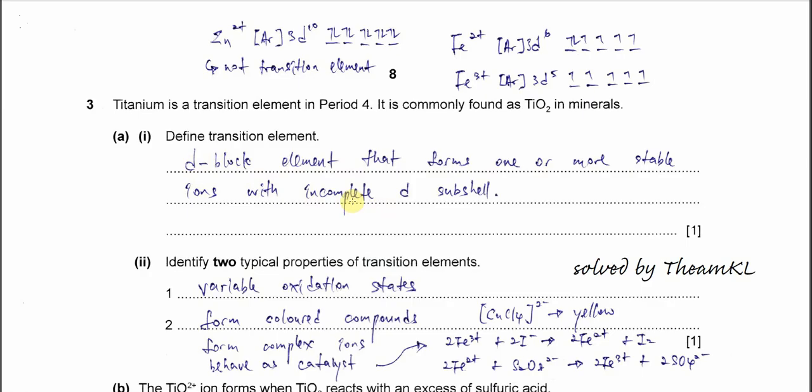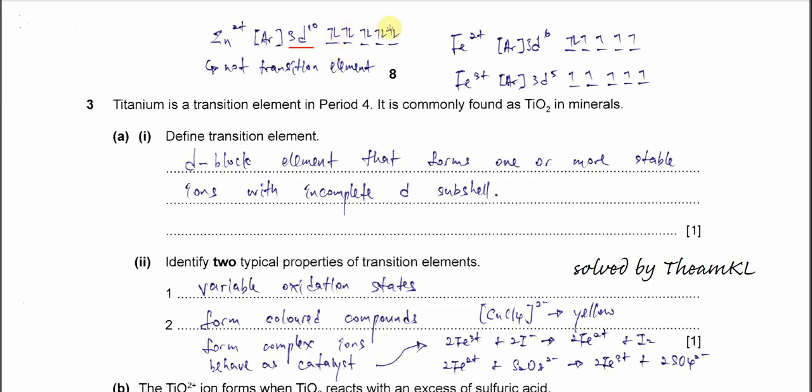So it means not all the d block elements are transition elements. For example, for zinc, after it ionizes, it will just form one ion, Zn2+. And this zinc ion has the d10 configuration.